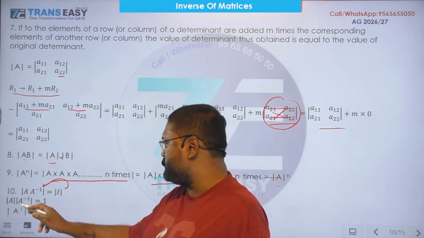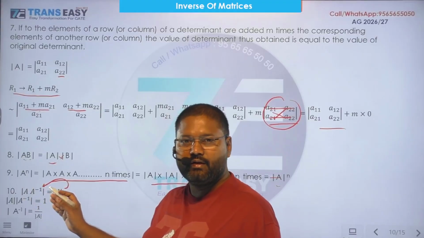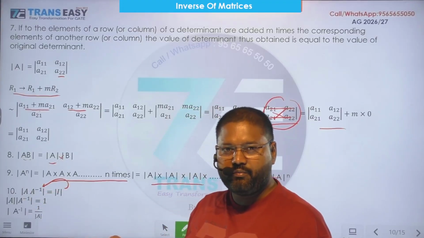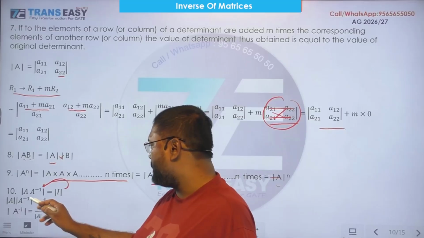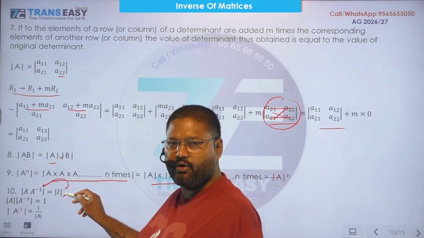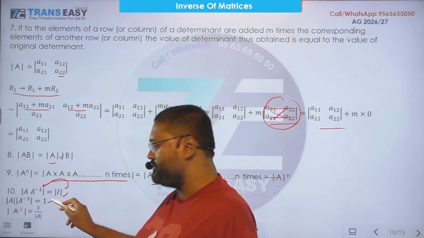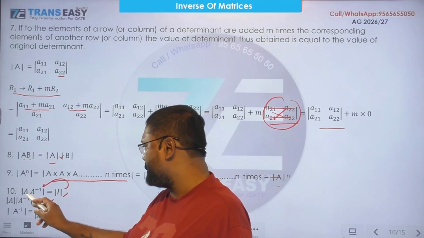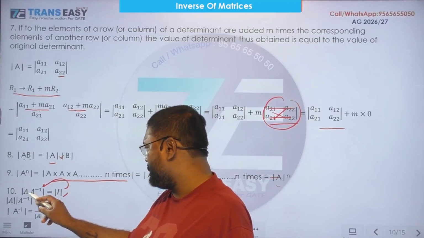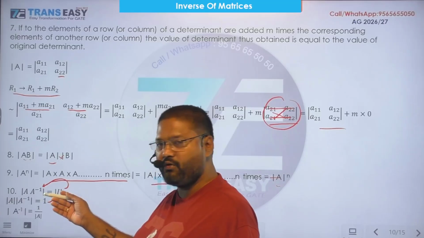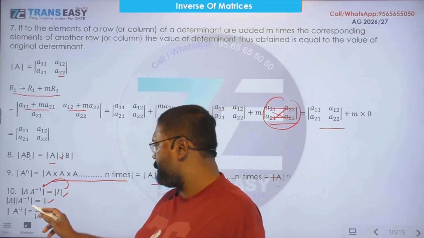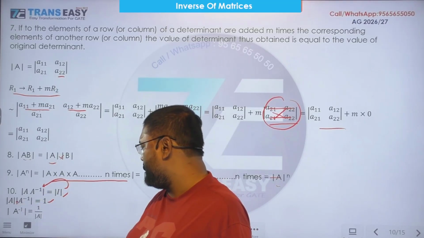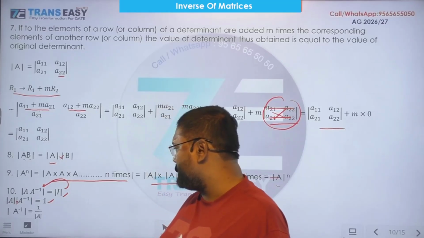इस प्रॉपर्टी का यूज करके हम अलग अलग भी डिटर्मिनेंट निकाल कर मल्टीप्लाई करके ले सकते हैं, राइट. तो डिटर्मिनेंट ऑफ यूनिट मैट्रिक्स इज ऑलवेज 1 एंड वी कैन सेपरेट डिटर्मिनेंट ऑफ ए एंड डिटर्मिनेंट ऑफ ए इनवर्स. मल्टीप्लाई दिस टू डिटर्मिनेंट्स.